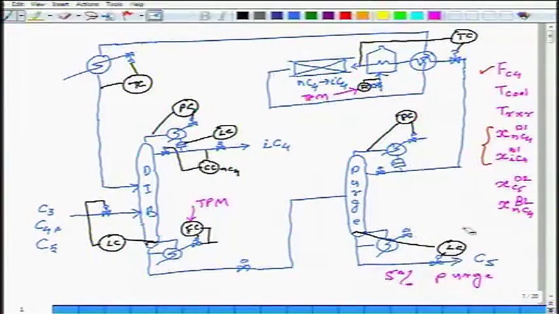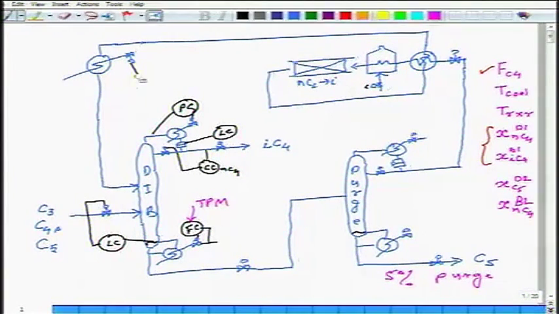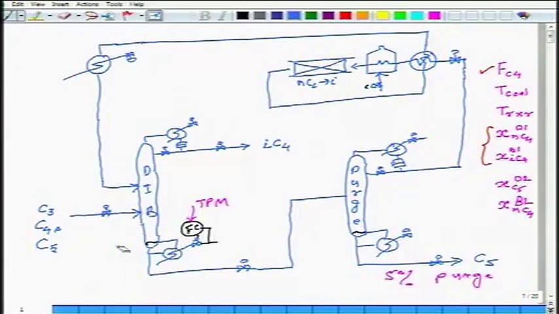There will be a lot of trouble in this. Let's see what those pangas are. Okay. Furnace duty is something that will become active, right?